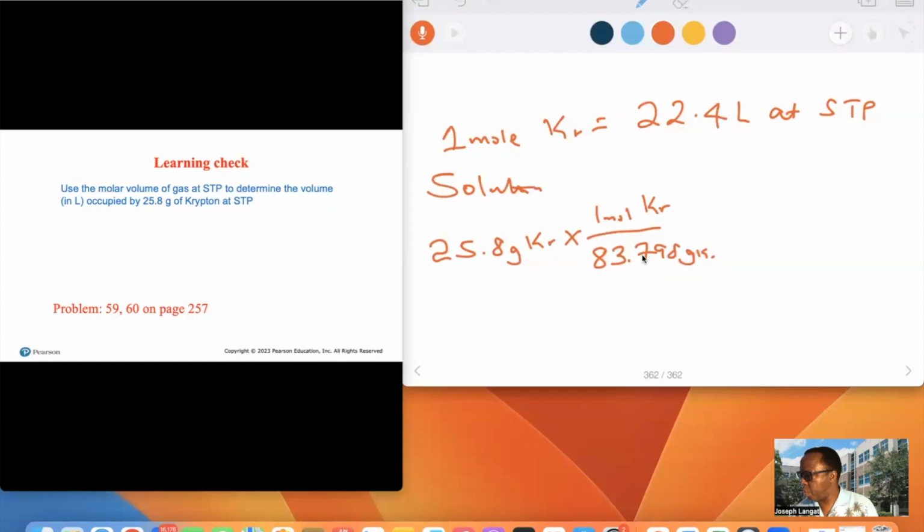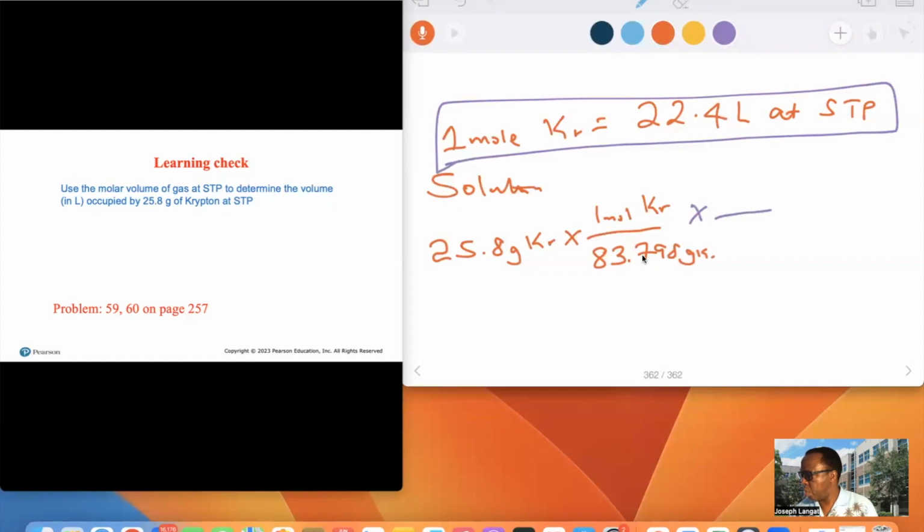Then the conversion factor is the definition at STP: 1 mole of krypton occupies 22.4 liters. If you look at the unit cancellation, grams cancel, moles cancel, and this will be the volume at standard temperature and pressure.